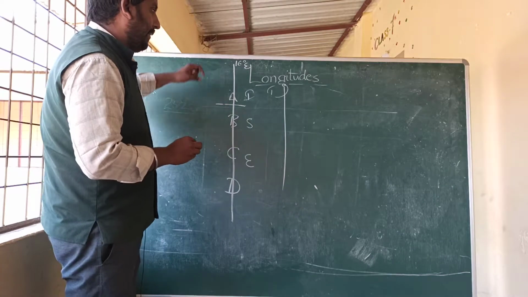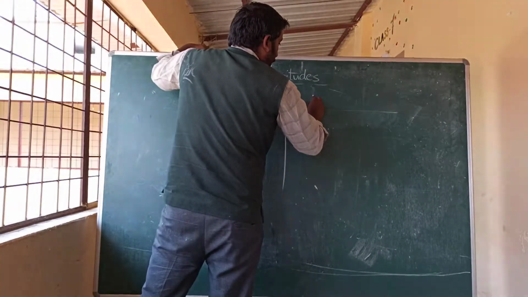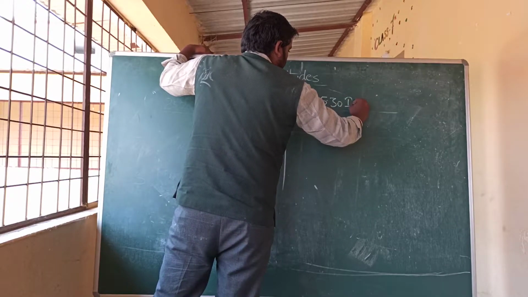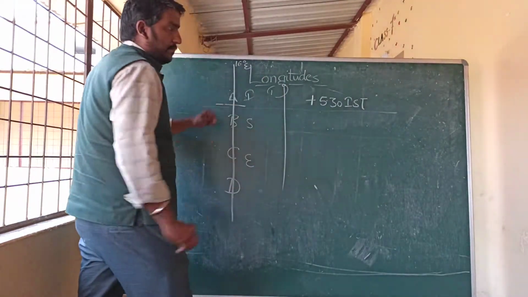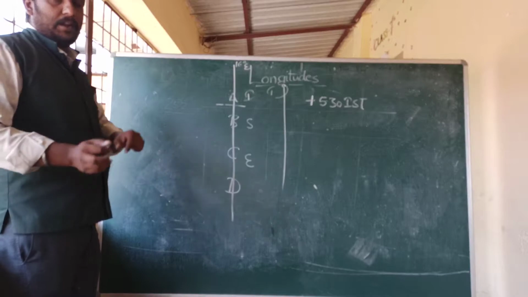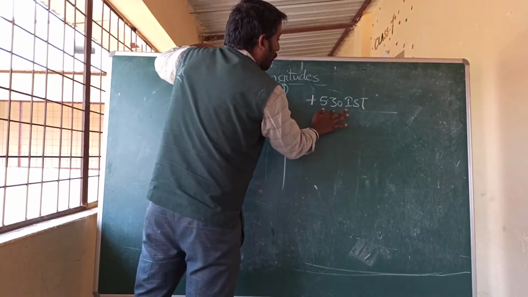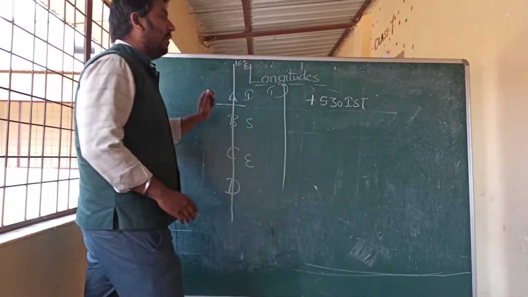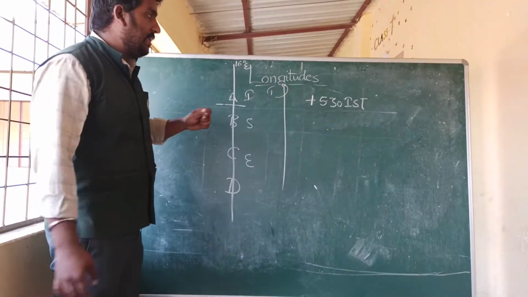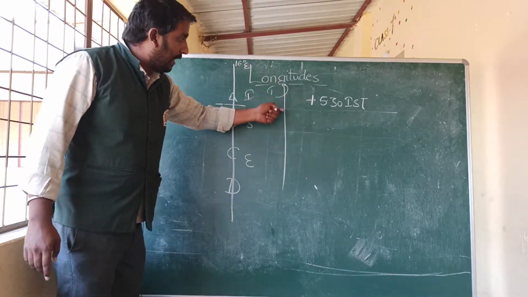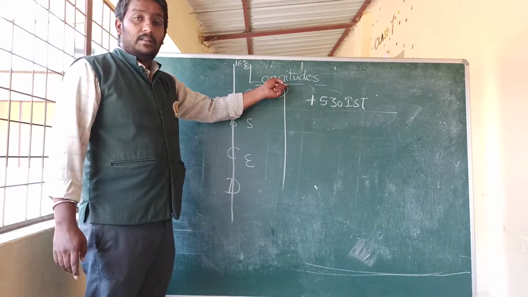There you will be seeing plus 5.30 IST. You will be seeing this for India. If you are seeing plus 5.30 IST, that means our country's time is 5.5 hours ahead of the time which is in this area.